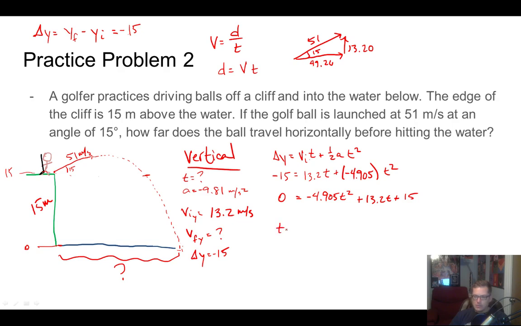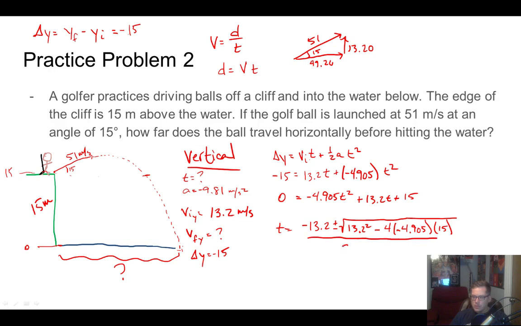That means our t would have to be equal to negative b, which is negative 13.2, plus or minus the square root of b squared, so that's 13.2 squared, minus 4ac. So a is negative 4.905, and our c is 15, times 15, all over 2 times a, right?